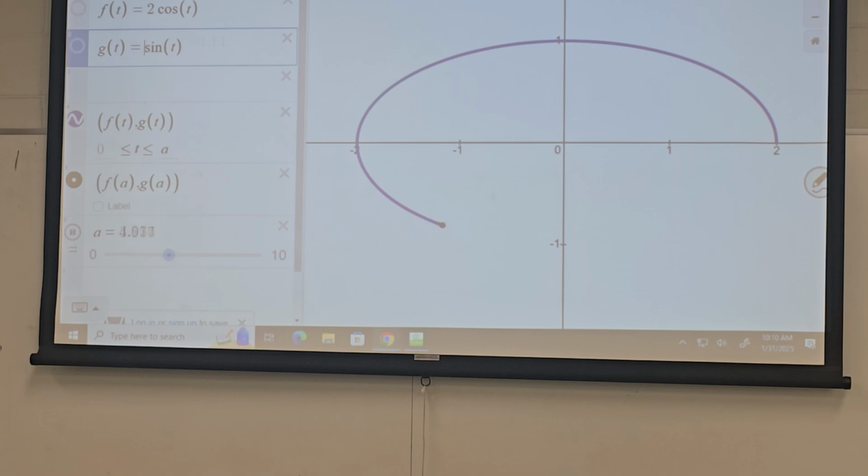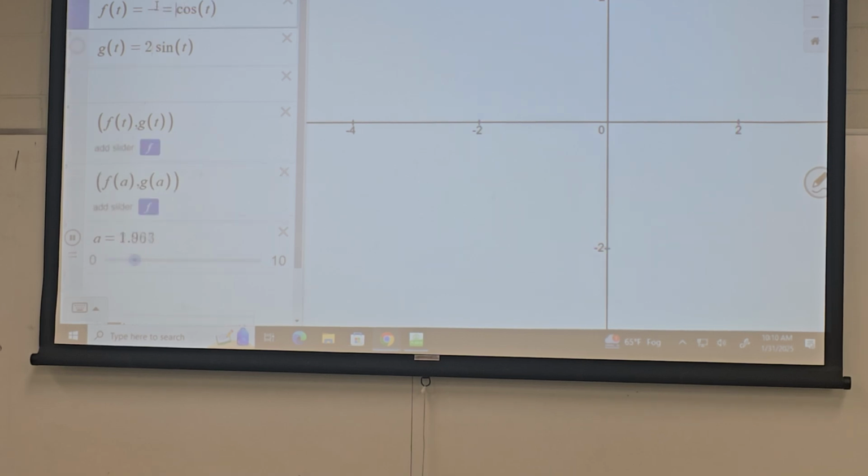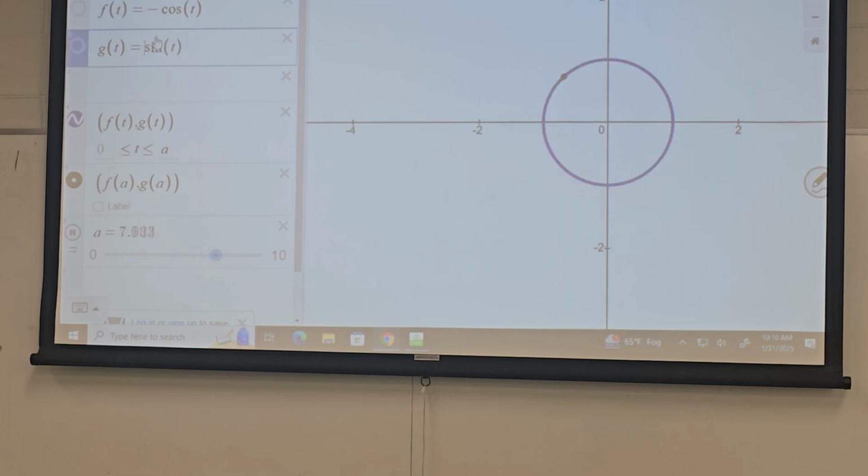What if I put a 2 in front of my sine here? It's a circle? It's a circle, yep. It's just going to increase the radius of the circle that you have. You can play around with, what if I had made it negative? It just changes the direction. If you change sine to cosine, too.